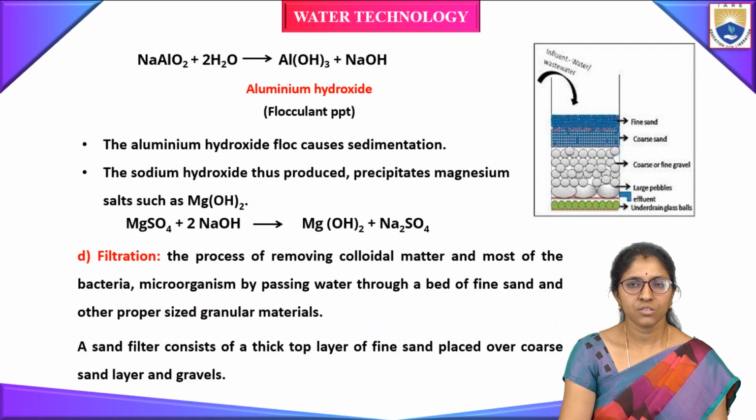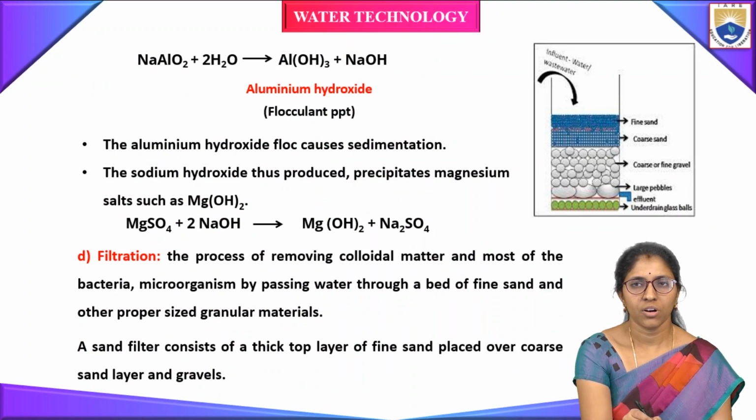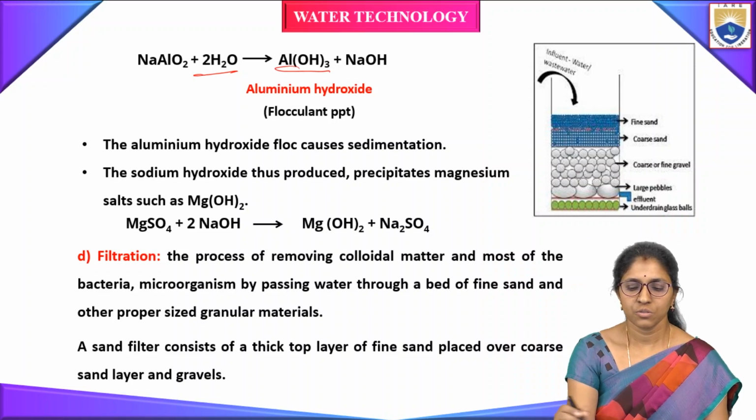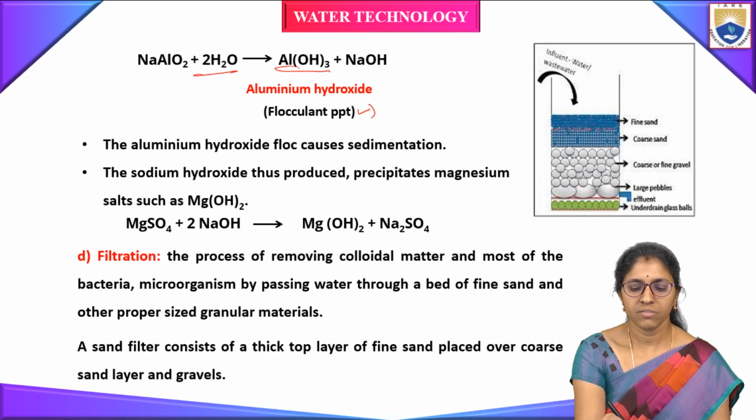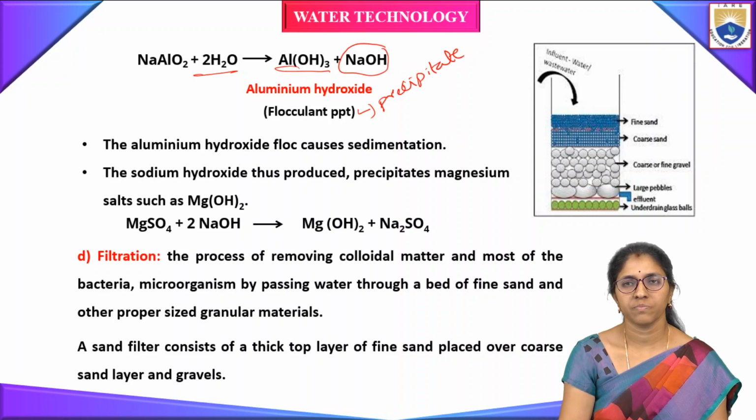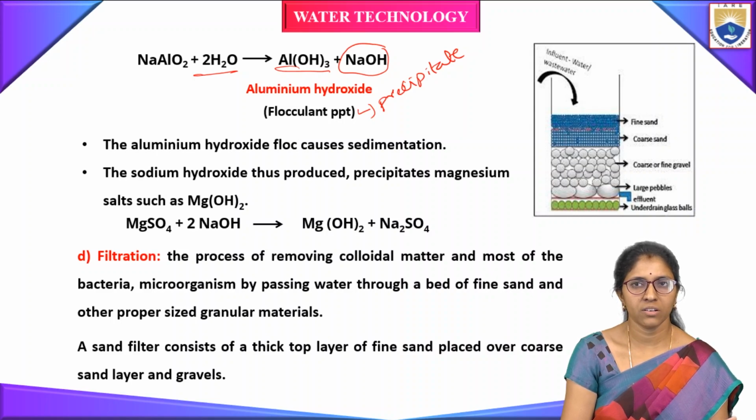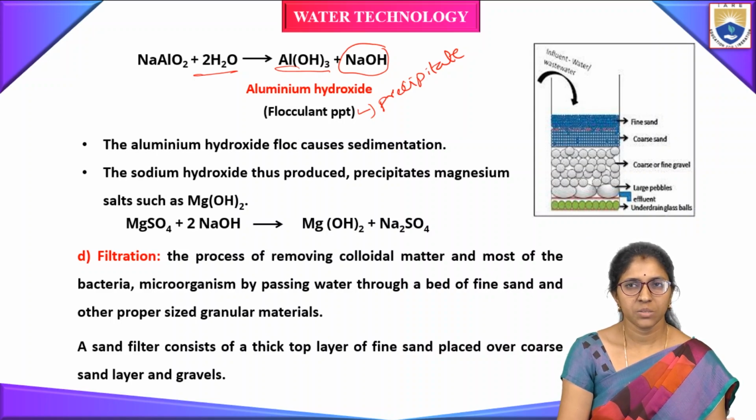When sodium aluminate is treated with water, it forms aluminium hydroxide, which is a flocculent precipitate, and also sodium hydroxide.